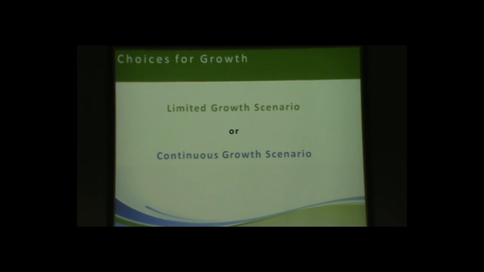So we're going to take a look now at what the choices for growth might look like from a conceptual sketch point of view. We're going to take a look at the limited growth model and a continuous growth scenario and see how those might play out on the landscape over the next 50 years or so.